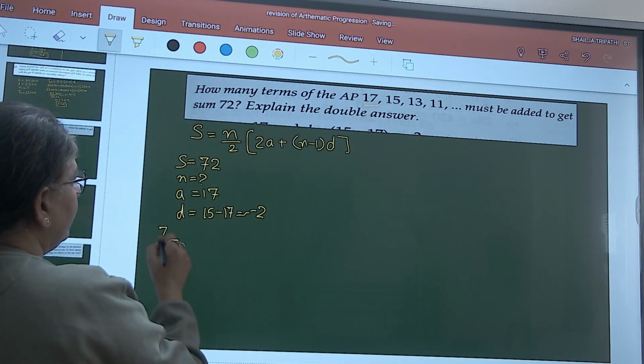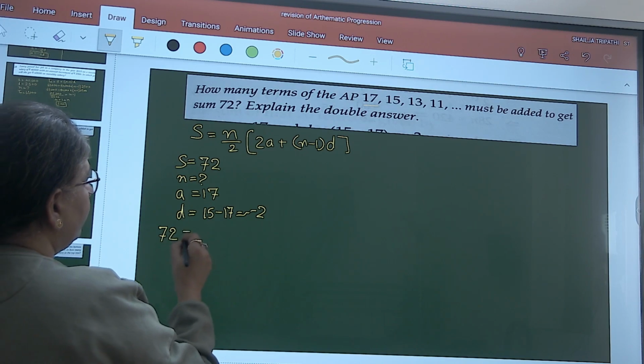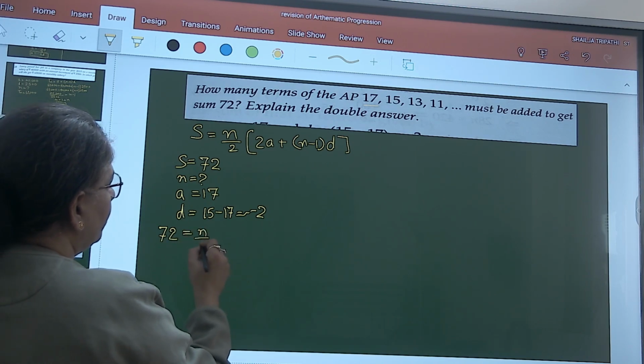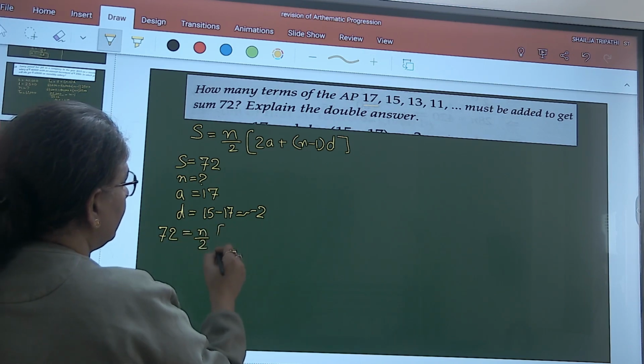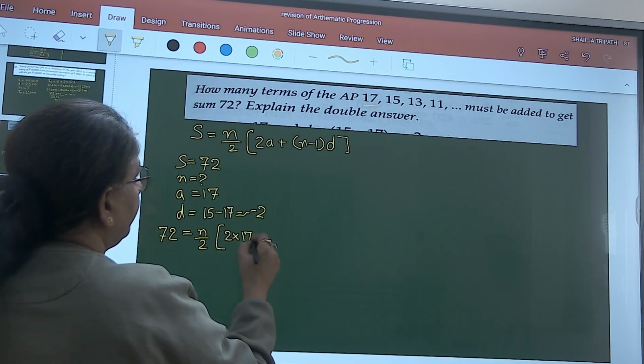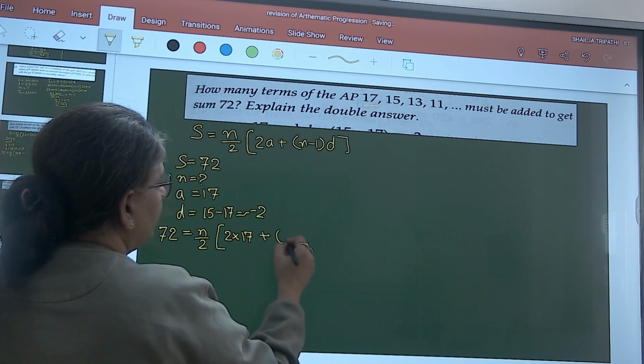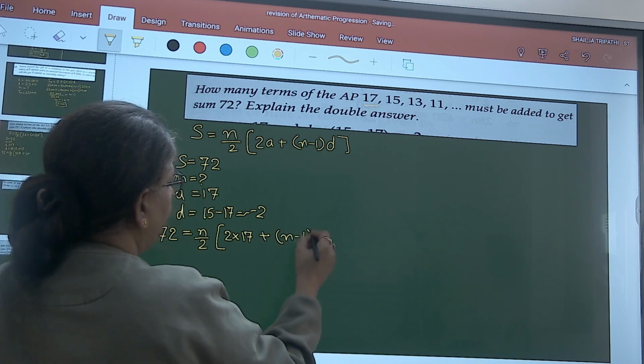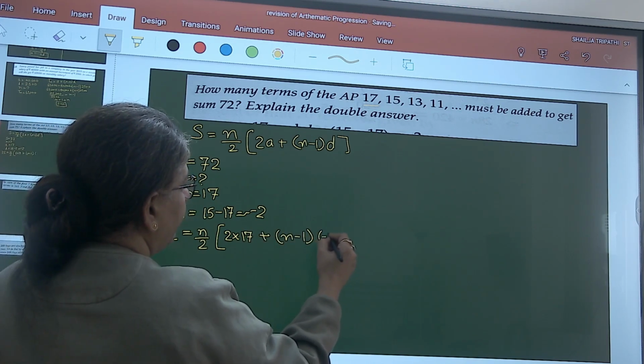So let's see, 72 is equal to n by 2, 2 into 17 plus n minus 1, and the common difference is minus 2, multiplied by minus 2.